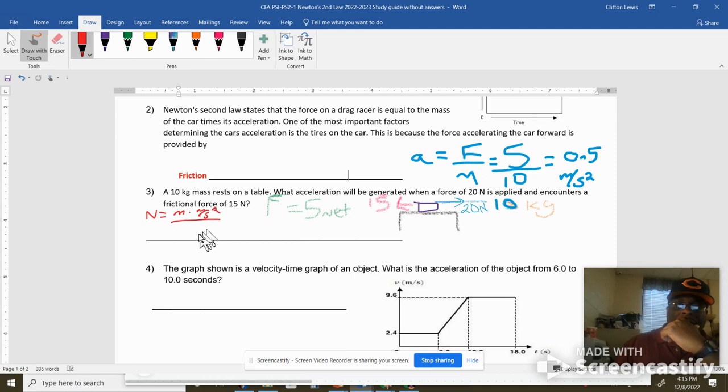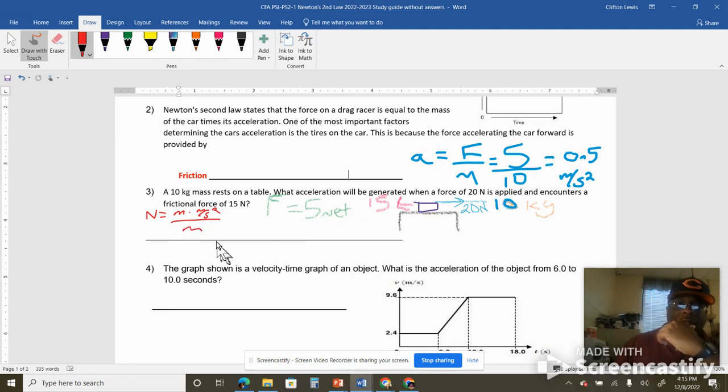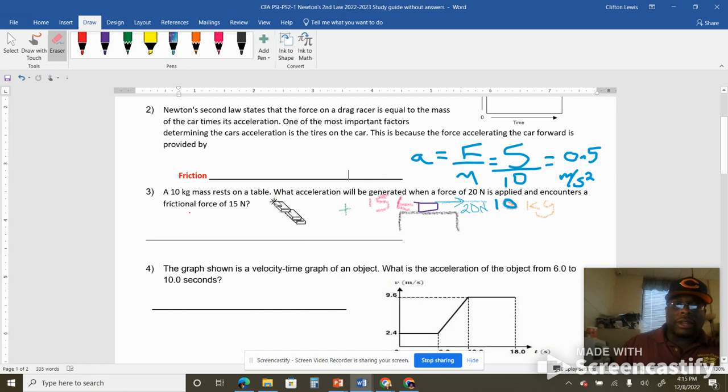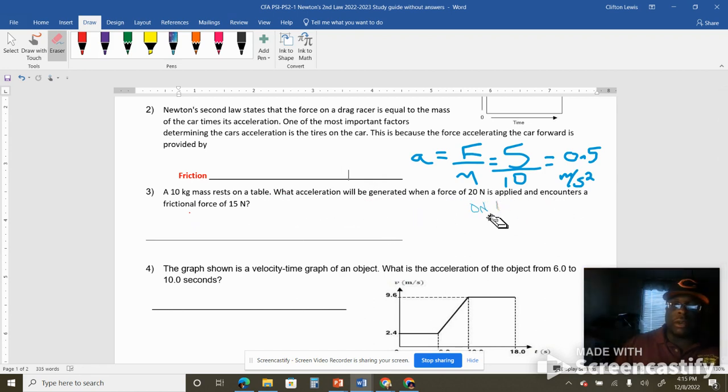And I can divide that by the mass again, kilogram. It's going to cancel out. So I'm left with acceleration as my unit for this problem, okay? If y'all needed to see that again, just play this video and pause that part.